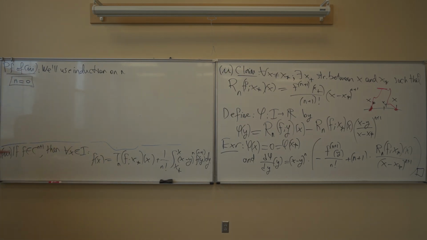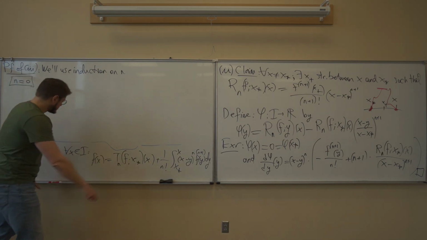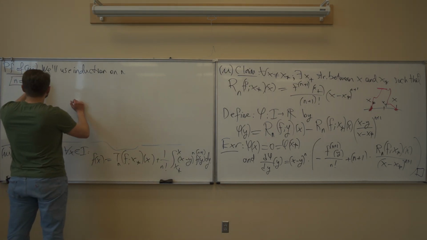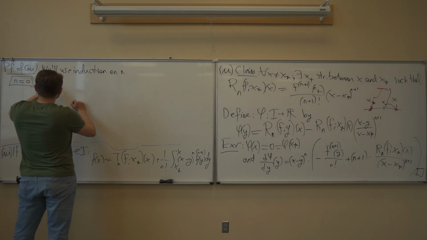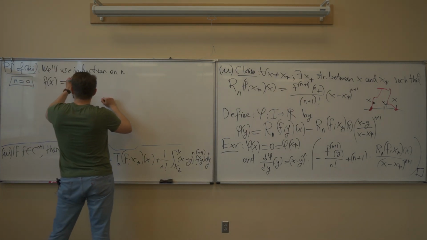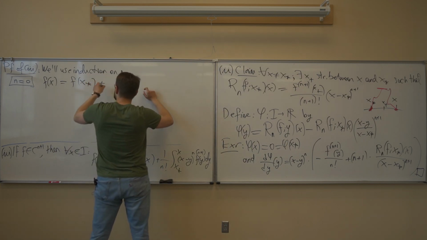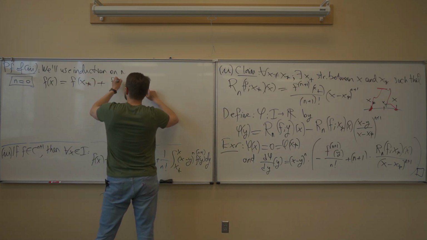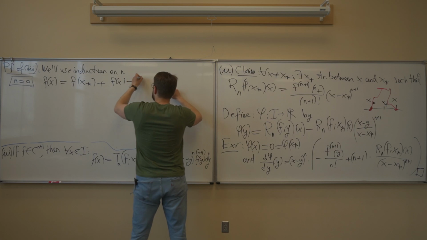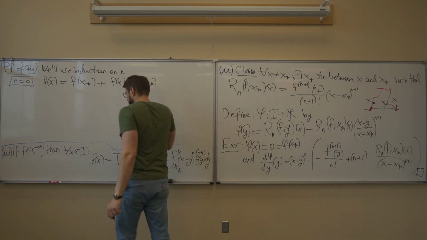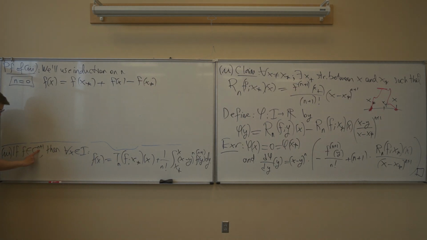It says that if f is continuous, then for any input value x, this happens. Well, I know that f of x can be written as f of x star plus f of x minus f of x star. Of course, if n is 0, that means that f is continuously differentiable.